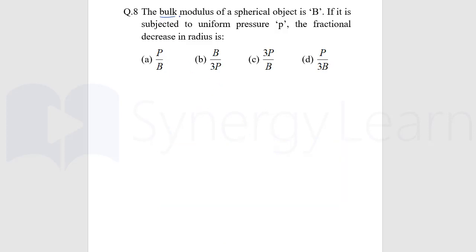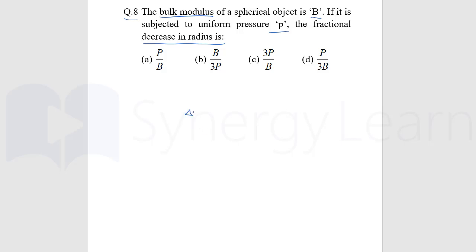Bulk modulus. In question 8, it says the bulk modulus of a spherical object is B. It is subject to uniform pressure P. Then the fractional decrease in radius. So as we know, stress and strain have a relation between them.